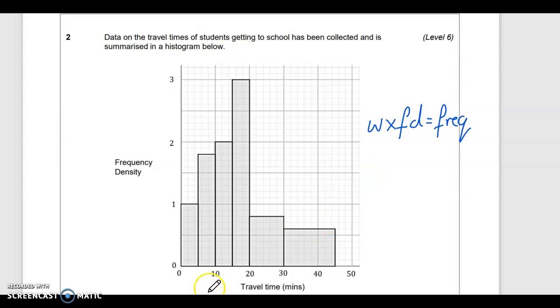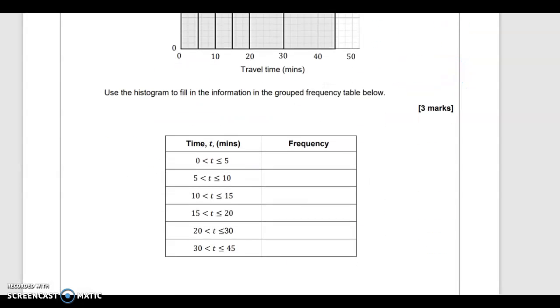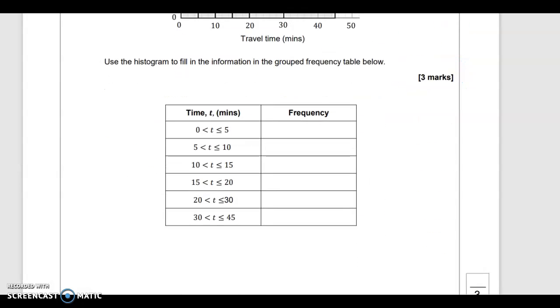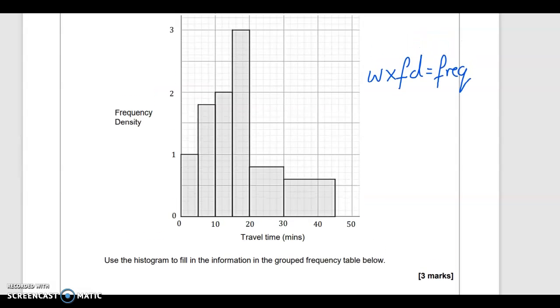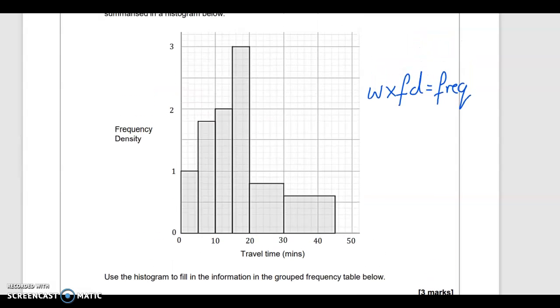With this question, they want us to fill in this table of frequencies using the bars. I'm going to write it on top of the bars so you can see and transfer it. For our first one, we know that the frequency is equal to the area of the bar.